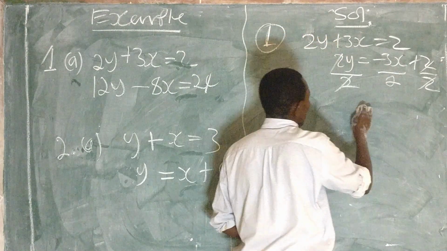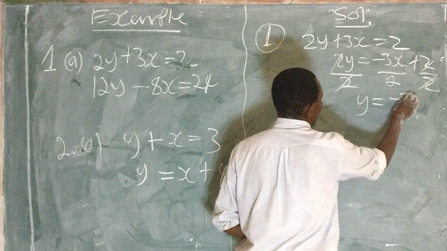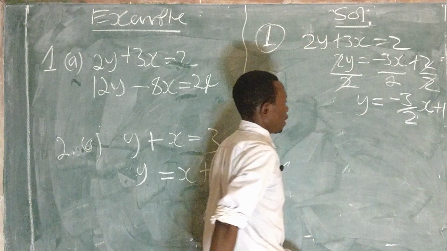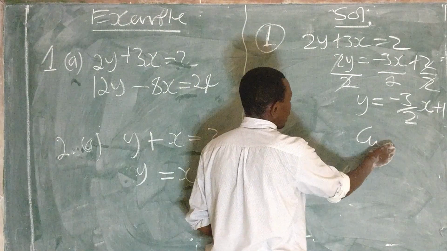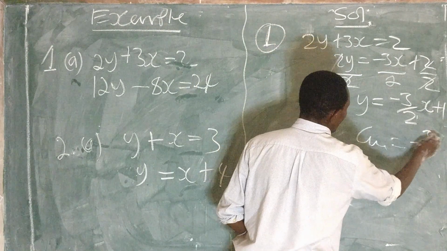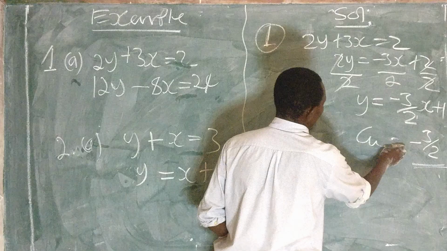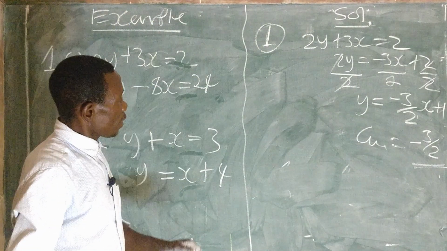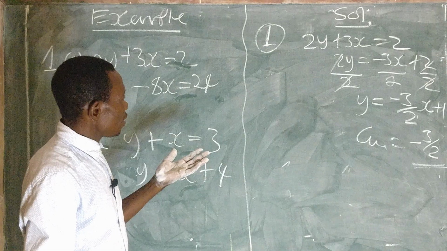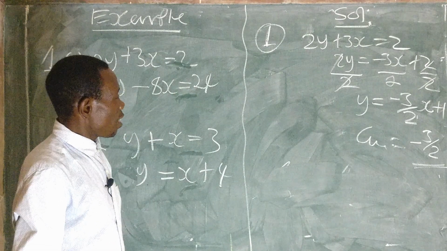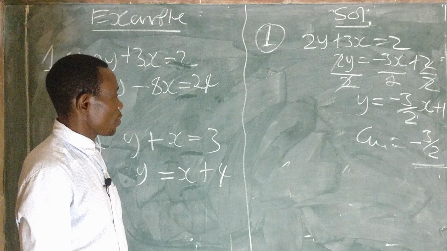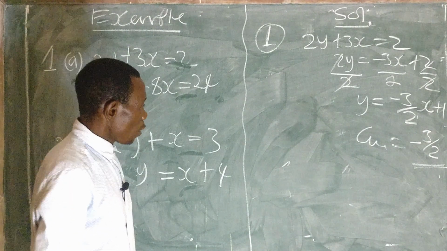I'll have my gradient as negative 3 over 2, because that is the coefficient of x. So the gradient of the first line is negative 3 over 2. To make y the subject, you divide all the terms by the coefficient of y, which is 2.